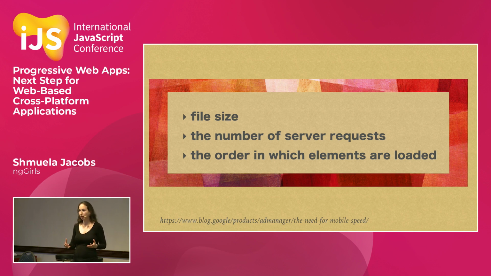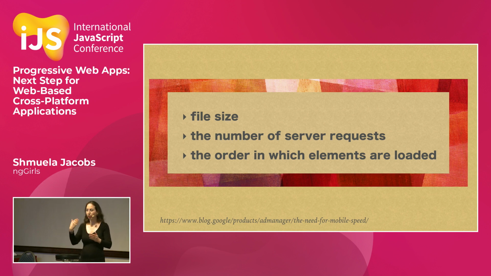So we can think about how to reduce the file size, how to split files into smaller files and load only the necessary ones in the start, and load the other ones as the application is already running. Second, the number of server requests.